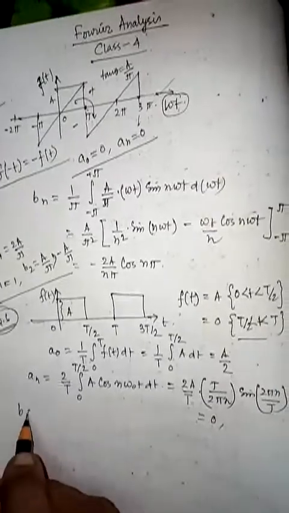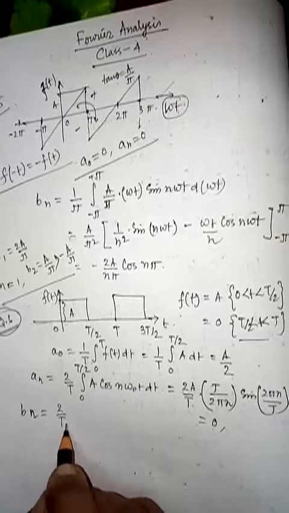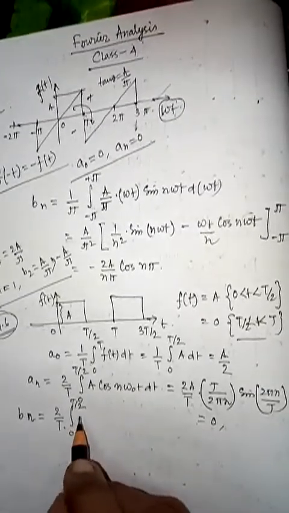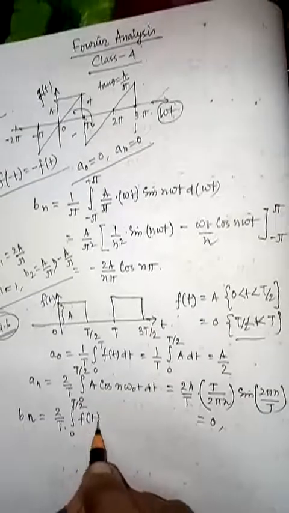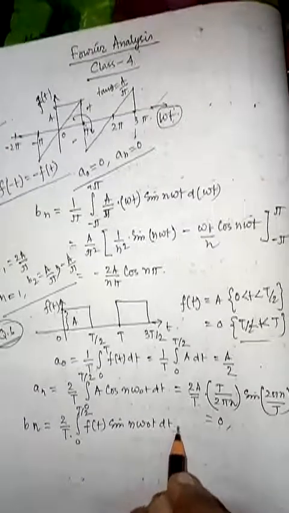What is the value of bn? Bn equals the same thing, 2 by T, integral from 0 to T by 2 of f(t) sine of n omega 0 t dt.